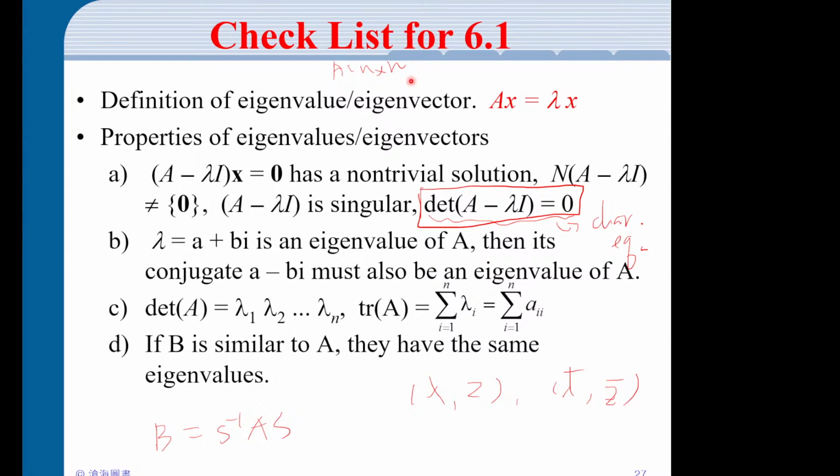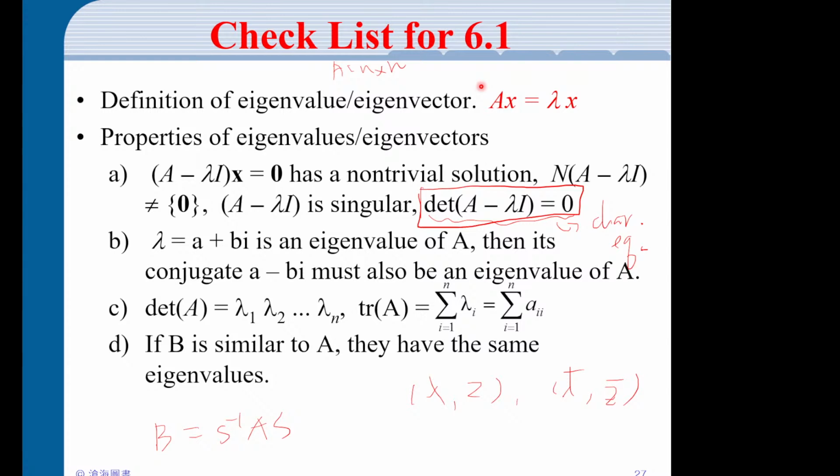So for every n by n matrix A, you can find eigenvalues and eigenvectors, where eigenvectors are the vectors that when you multiply A on them, you get back the same vector x, but multiplied by a scalar lambda. This lambda is called the eigenvalue, and x is the eigenvector. If lambda and x satisfy Ax = lambda x, then they are an eigenvalue, eigenvector pair of this matrix A.